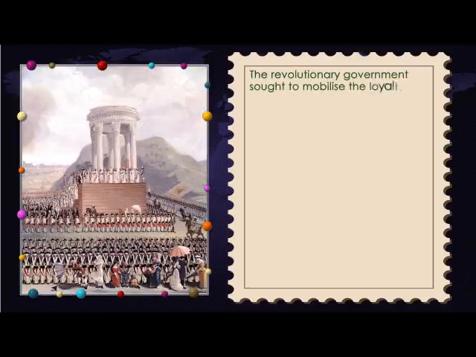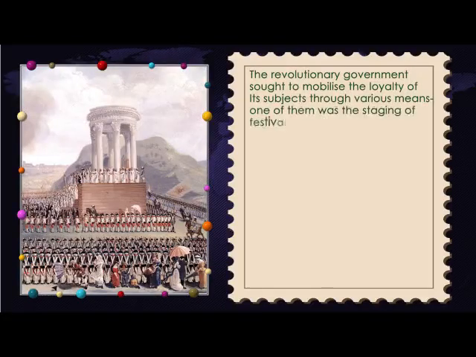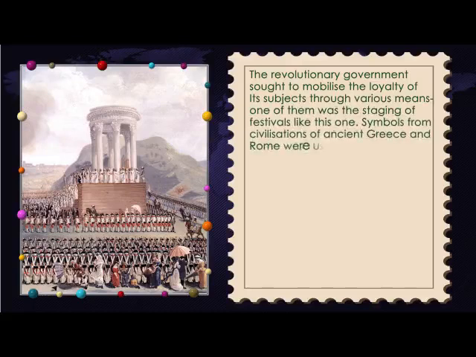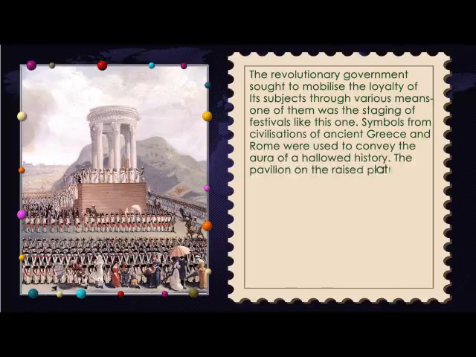The revolutionary government sought to mobilize the loyalty of its subjects through various means. One of them was the staging of festivals like this one. Symbols from civilizations of ancient Greece and Rome were used to convey the aura of a hallowed history.